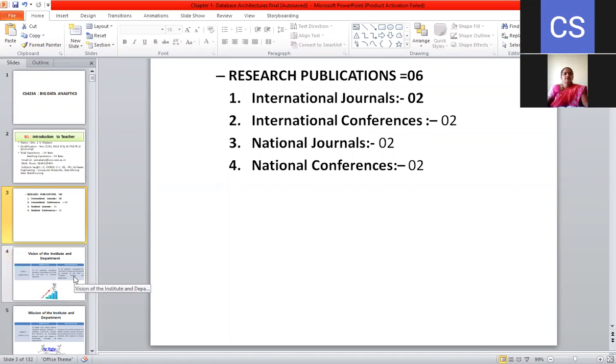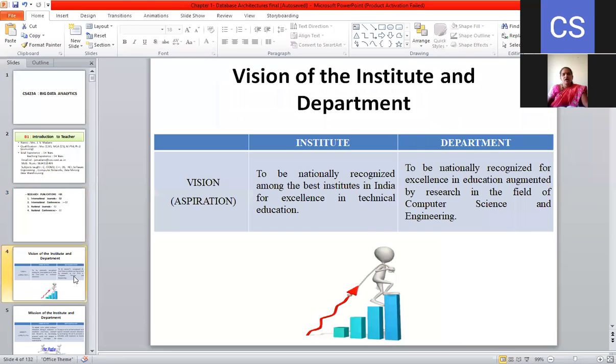The next thing is that as per the triple P pattern, everyone should know the vision of your institute and the vision of your department. You are computer graduate students, so you have to know the vision and mission of your institute or department.